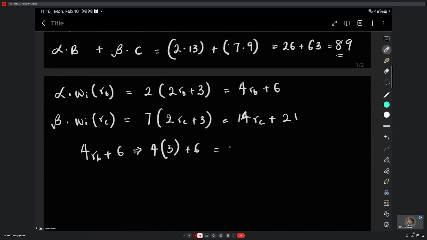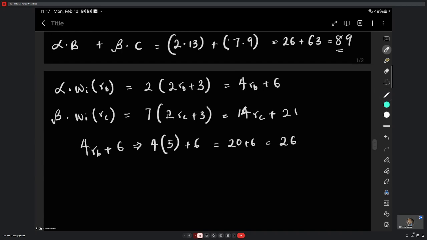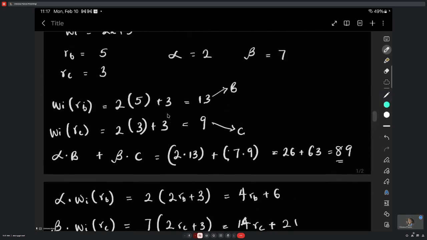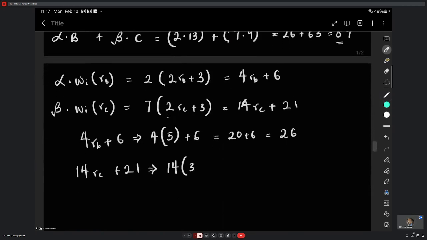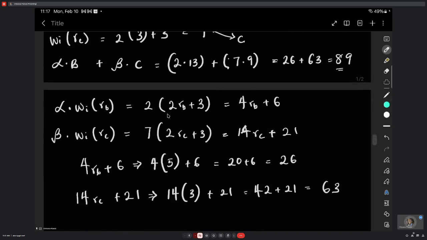So this is 20 plus 6, which is 26, right? And 14rc plus 21. What's our rc? 3. Plus 21. That's 63, right?